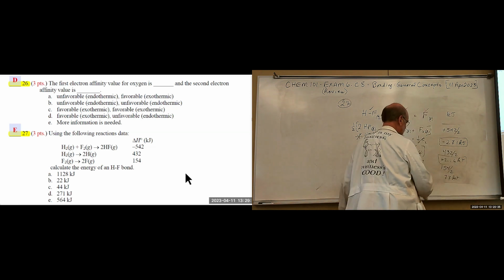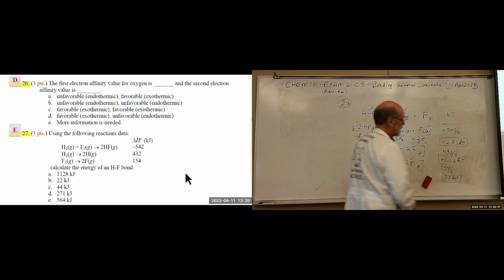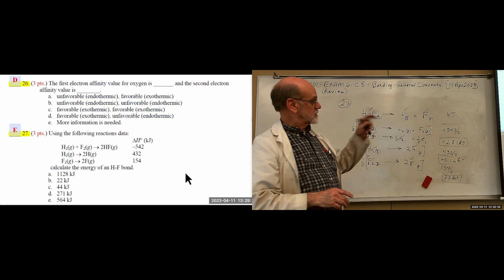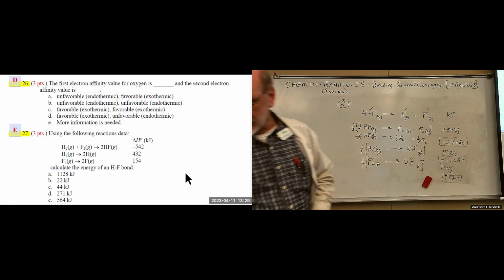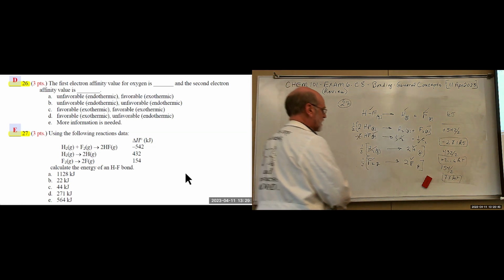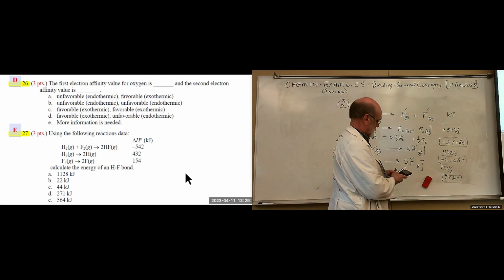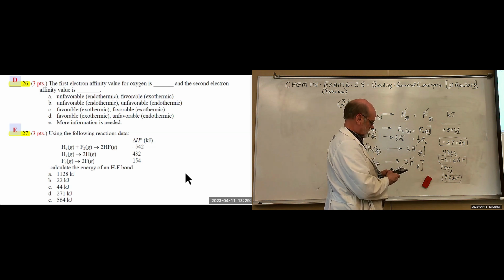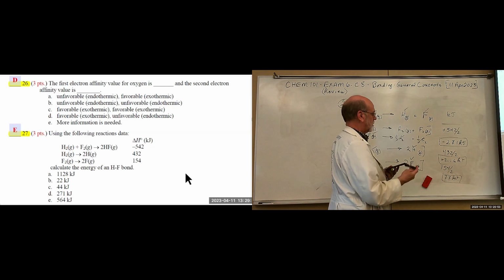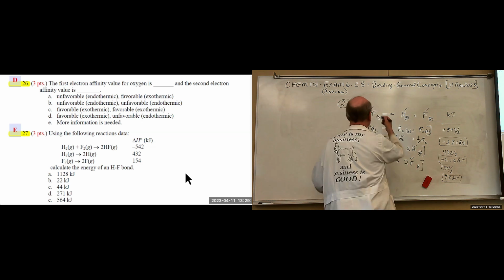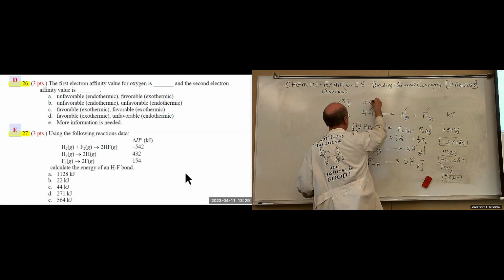So we just add those three together, and that'll give us the energy of that bond, if I did my math right. 271, 216, and 77. 564. 564 kilojoules. And that's usually per mole.